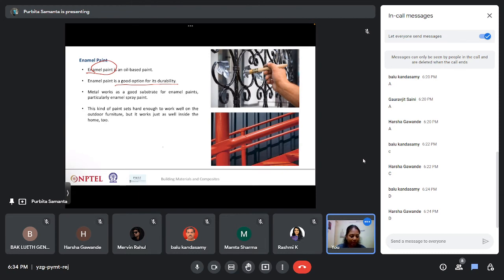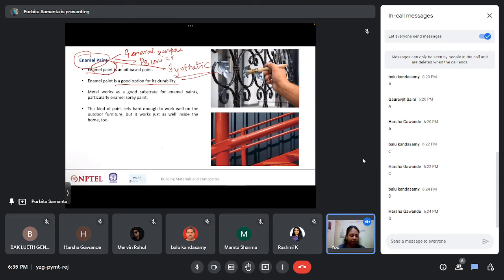Apart from this, we can also use any generic enamels, this general purpose enamel. It can be primer, and it can be synthetic as well. Okay, so these are some of the types of paint.